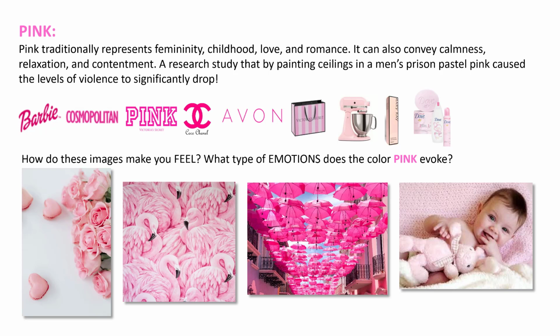And then you've got the pink umbrellas, which just are happy and fun. And because it's a bright color, it brings out more of that happy feeling than the calm pastel pinks. And then who doesn't love a beautiful pink baby girl, right? Femininity and beauty.